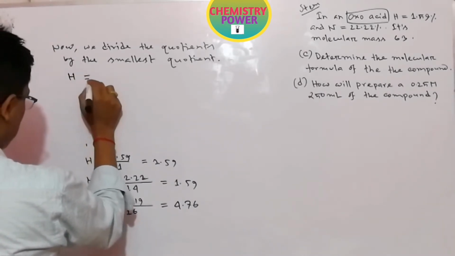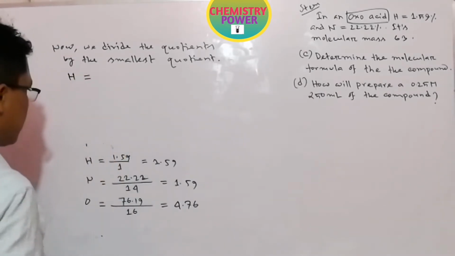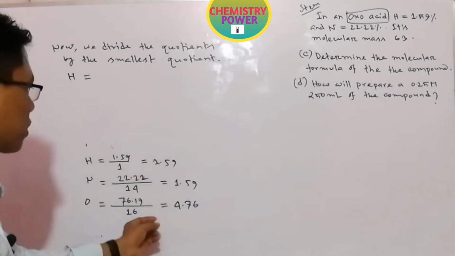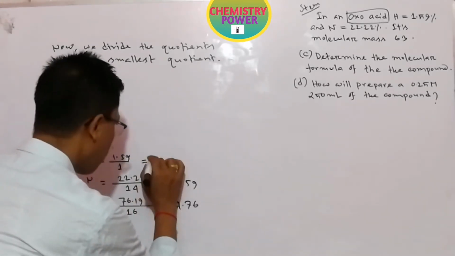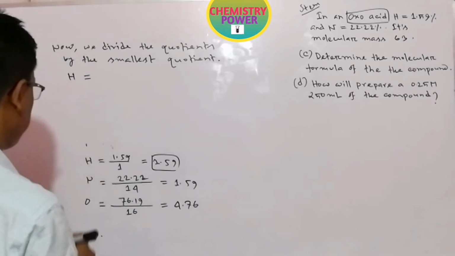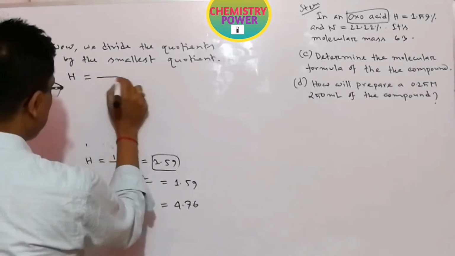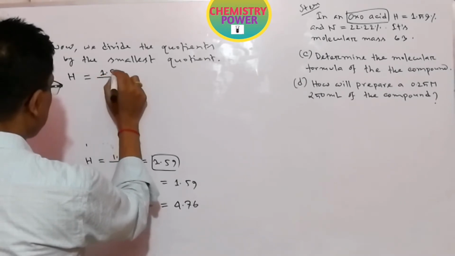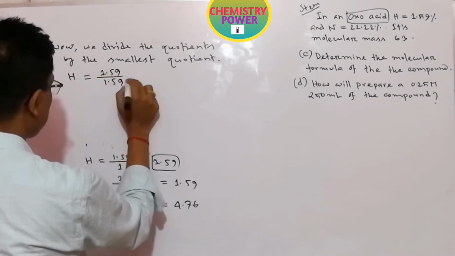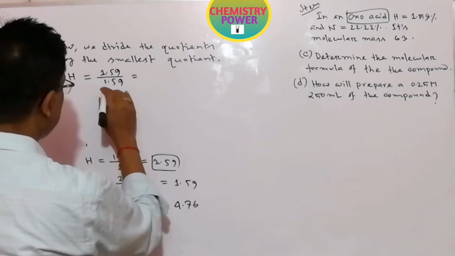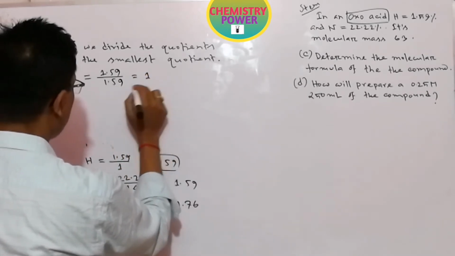Since here the smallest quotient is 1.59, for hydrogen we get 1.59 divided by 1.59, that means 1.